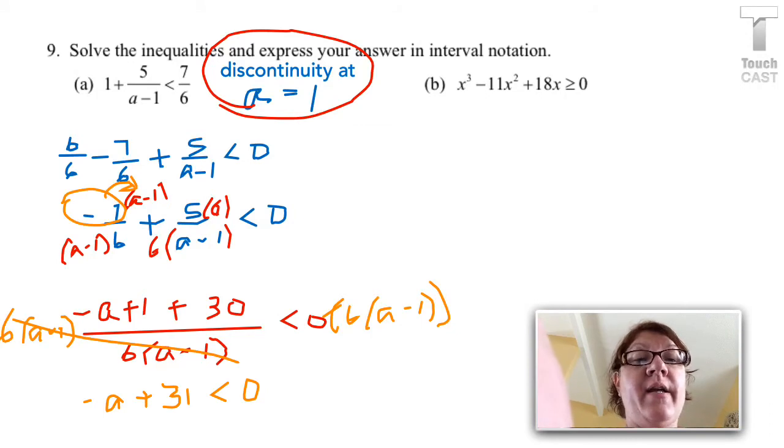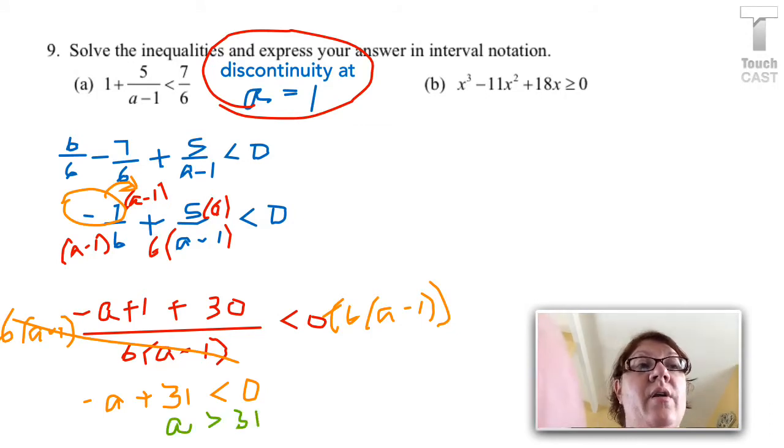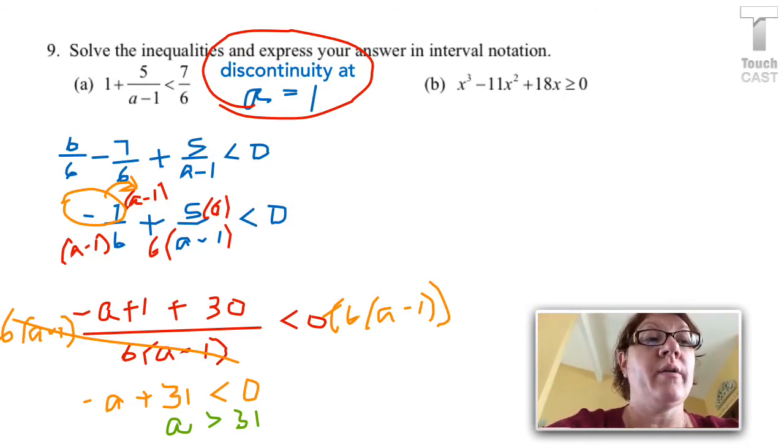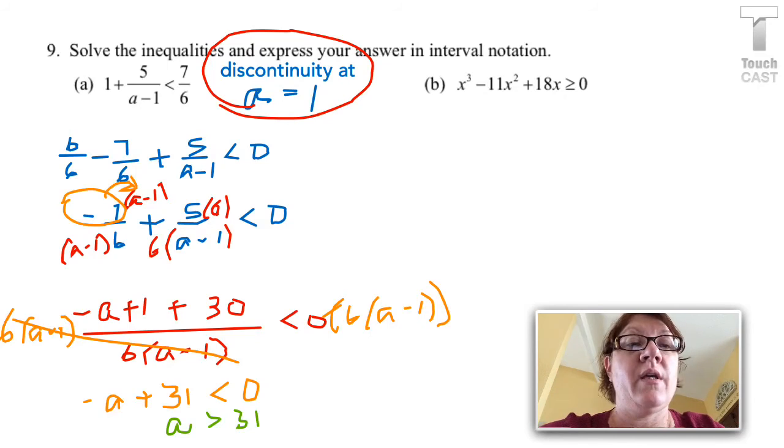And then solving for a, I get. Now, here's the reality when I'm actually solving for the zeros is I don't even need to put in the inequality symbol. I could have let this be an equal sign all the way down because I'm really trying to find out exactly where it does equal 0. So that means I'll have a 0 at 31.